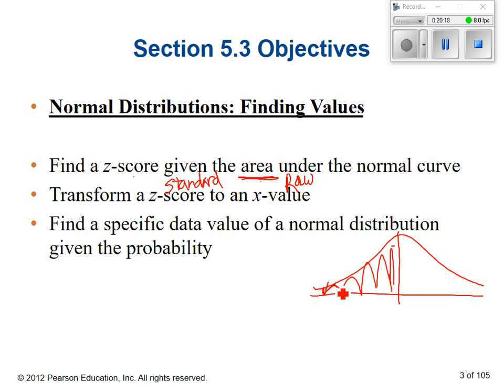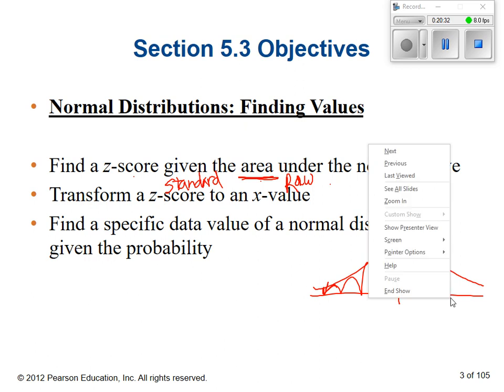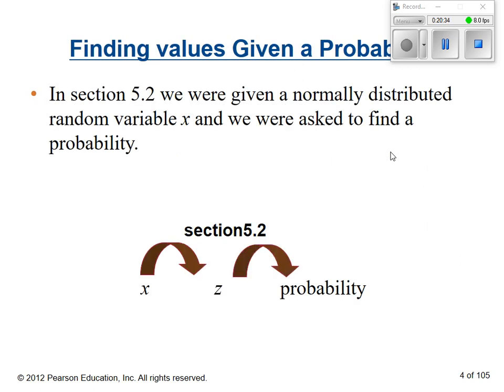Well, 50% of the data is to the right or to the left. What's the z-score that goes along with that? 0. And then we might change it into a raw score. All right, so that's what we're doing. We're going backwards. If you haven't already, find those charts. We're going to use the charts first. So find the packet that I gave you that has the charts on it.